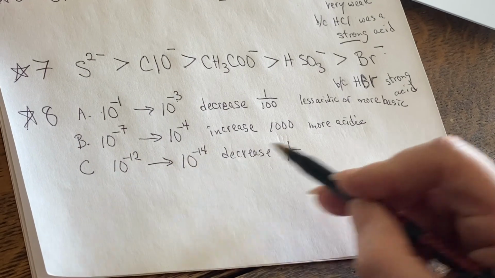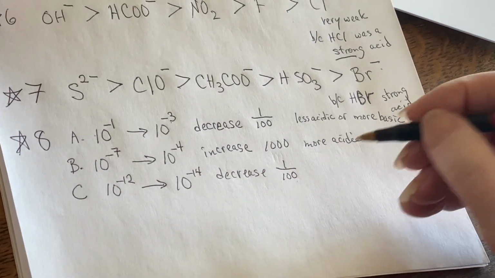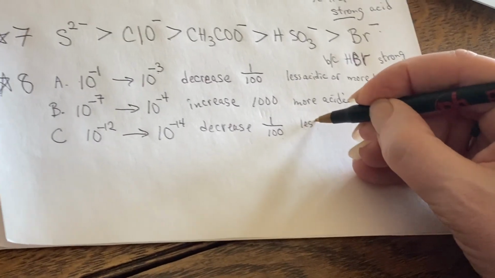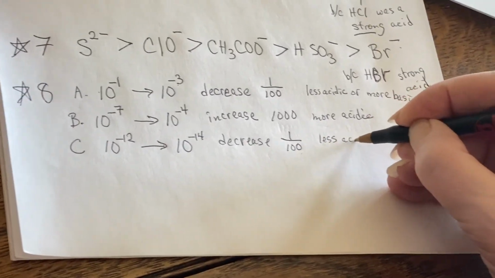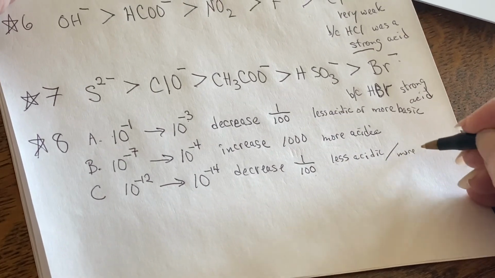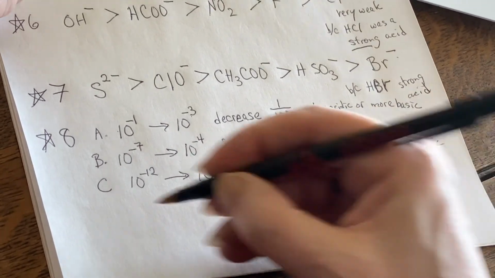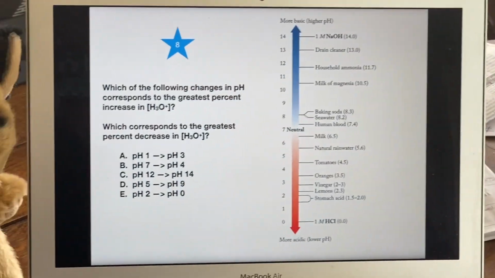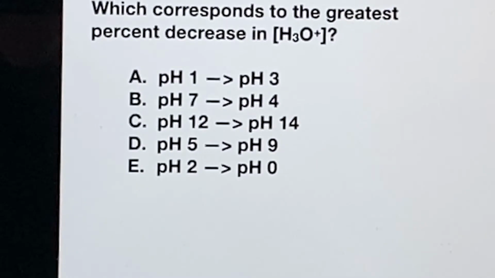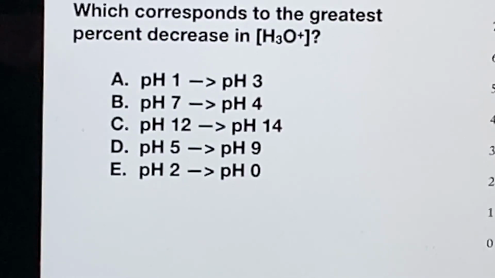Only it's getting smaller, so it's 1 over 100. So, like I wrote up here, less acidic and more basic. D. I mean, notice it's exactly the same as far as the amount of decrease. So I'm not jumping on the boat for that one being what I wanted to ask about.